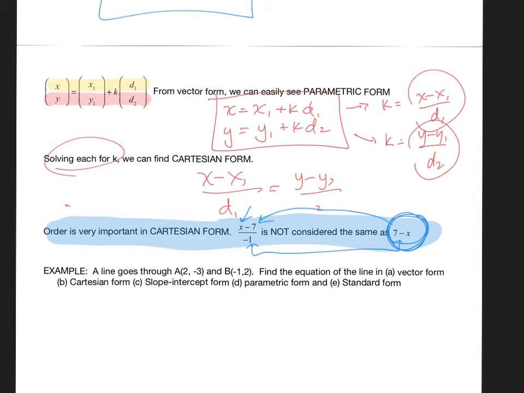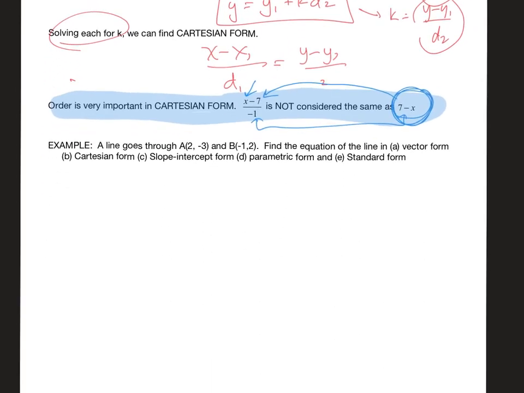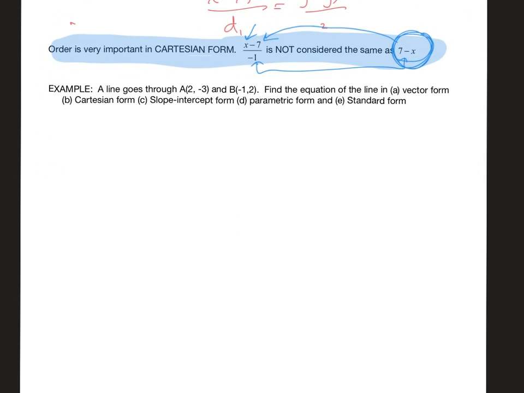All right, so let me scoot this up and take a look at this example. Okay, so they tell you that you have a line that's going through these two ordered pairs. And then they want you to find, and again, you can read 5 different forms of the same line. Okay, so let's start first with finding a direction vector, from A to B. That's going to be our direction vector.